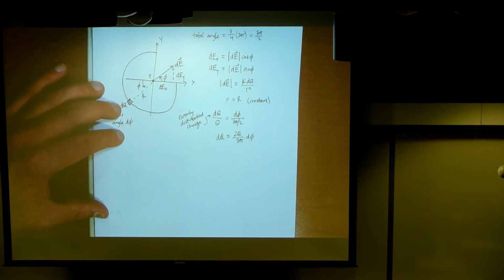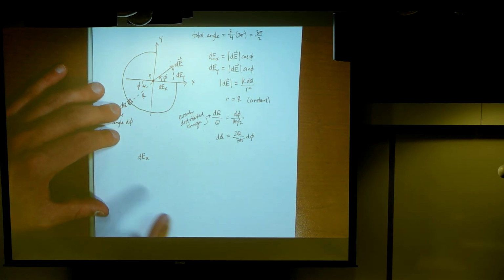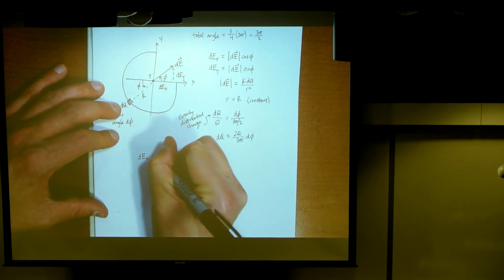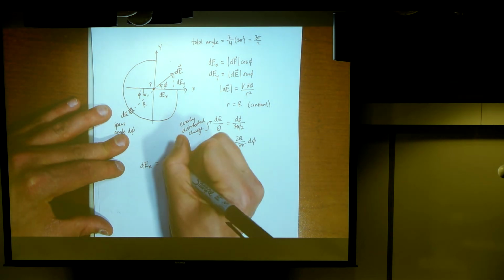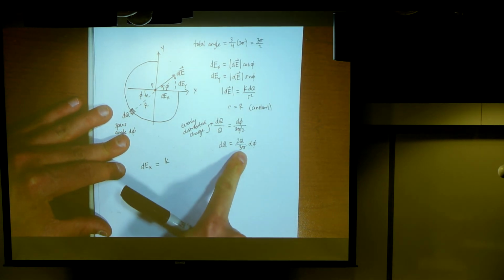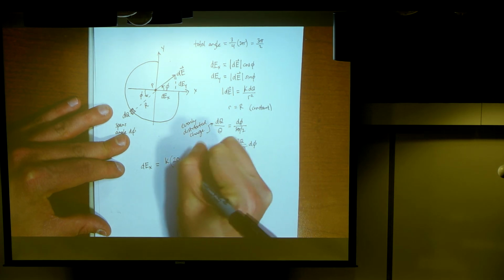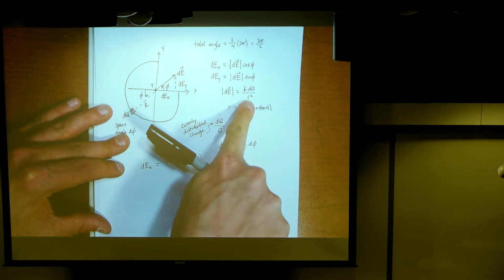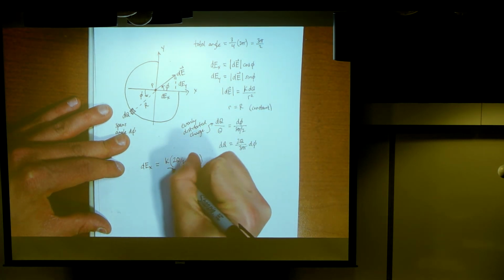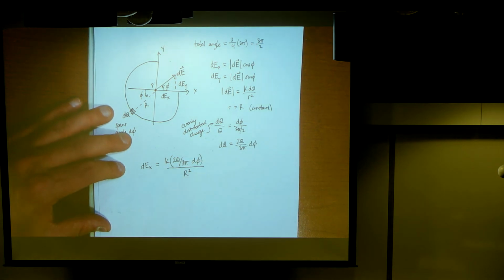Okay, so now let's write our formula for dEx with all the substitutions. dEx is magnitude dE, which is k times dq, which is this thing. So I'll plug in this for dq. That's 2q over 3 pi times d phi, divided by little r squared, but in this problem, that's the same as big R, the radius of the ring, so I'm going to put that in on the bottom, okay?